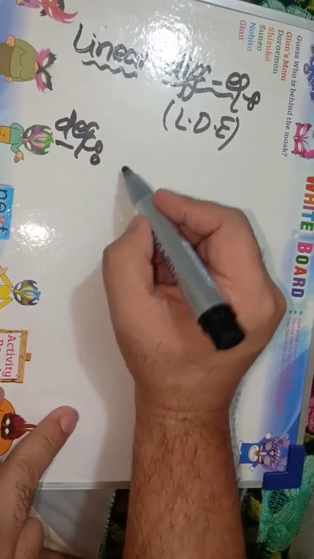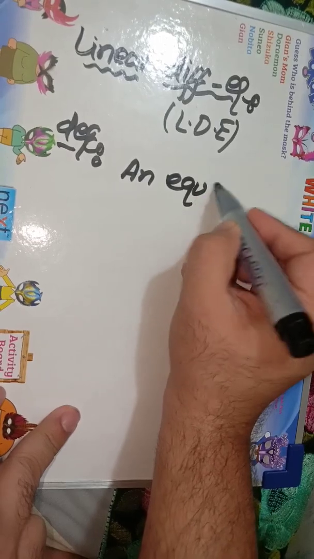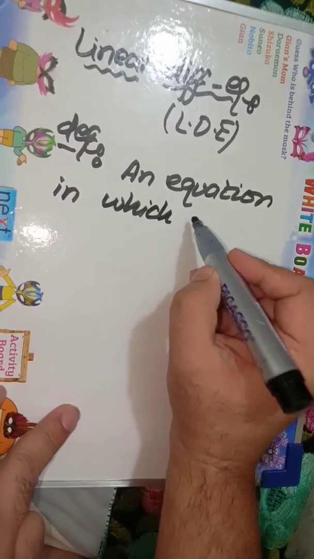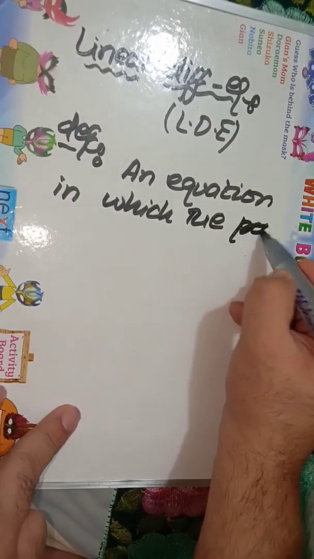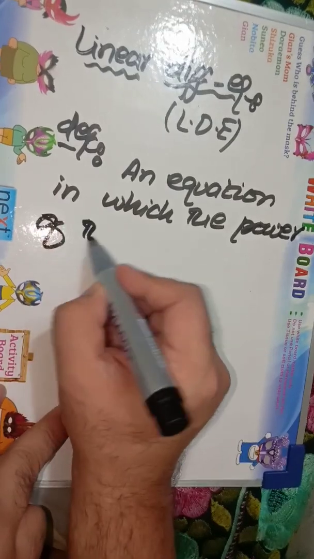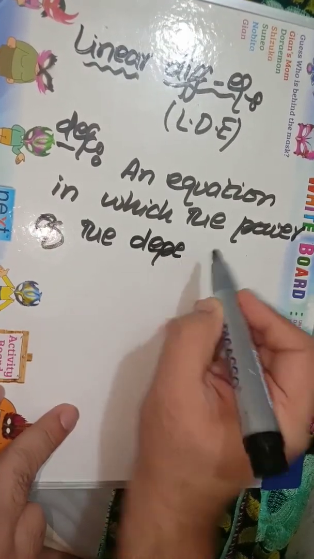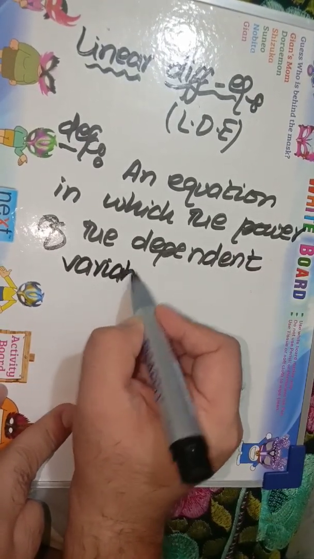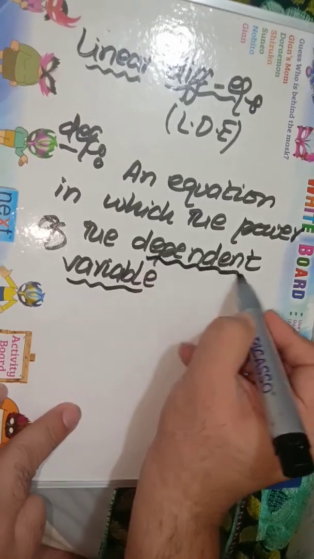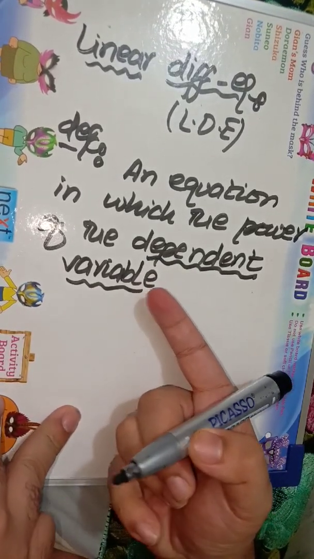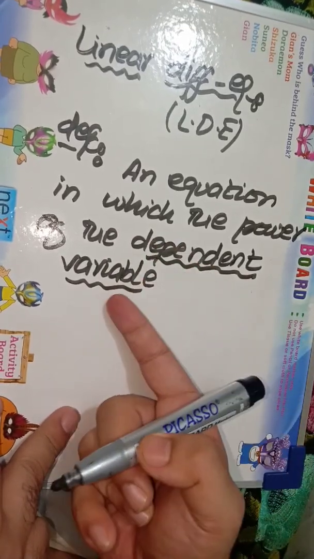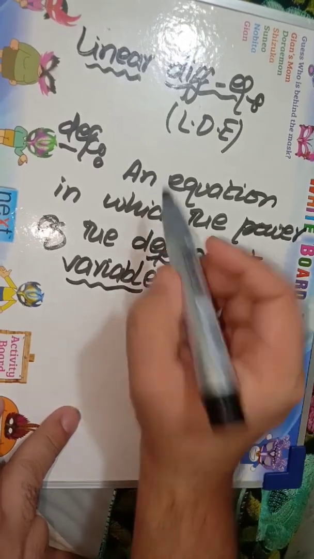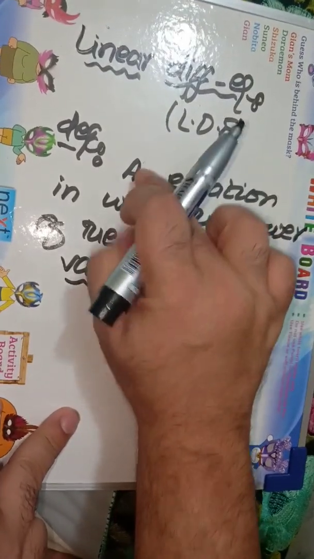So the definition is an equation in which the power of the dependent variable, and you know that there is only one dependent variable, so I can't write here the word variables. I must write the dependent variable, the power of the dependent variable in each term. So I must write here a differential equation.